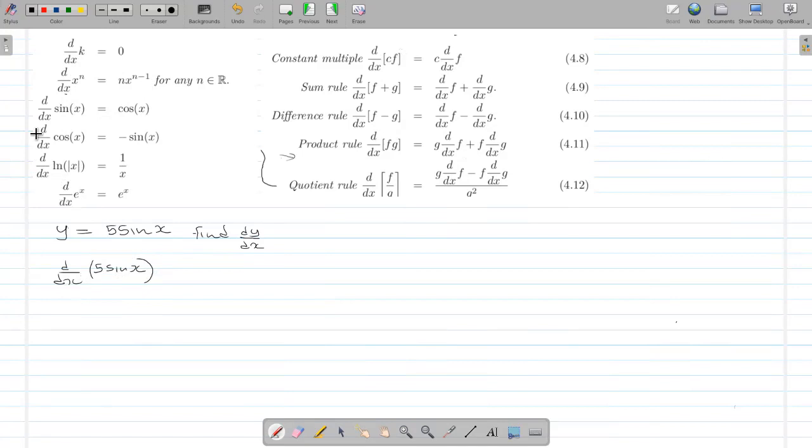Then we have to apply a rule from this side to break it down to a derivative of one of these basic functions. So if I look at what rule matches this one, easily I can see we have this constant multiple rule where a function is multiplied by a constant. In the constant multiple rule, this side asks you to find the derivative of this constant times this function. Instead of that, that rule allows you to pull the constant outside of the derivative and simply differentiate the function.